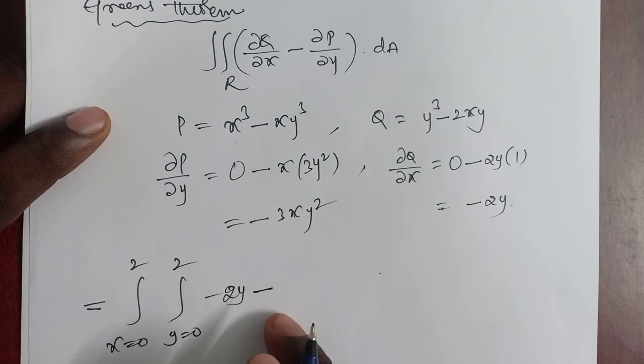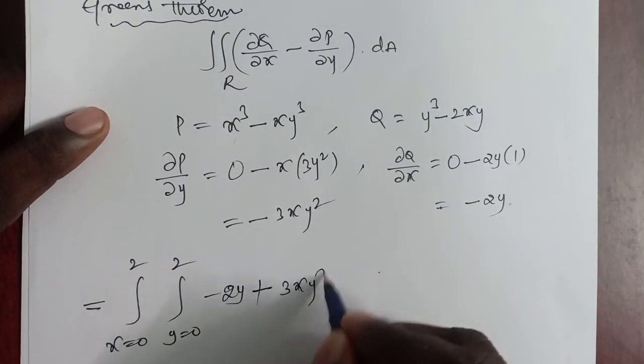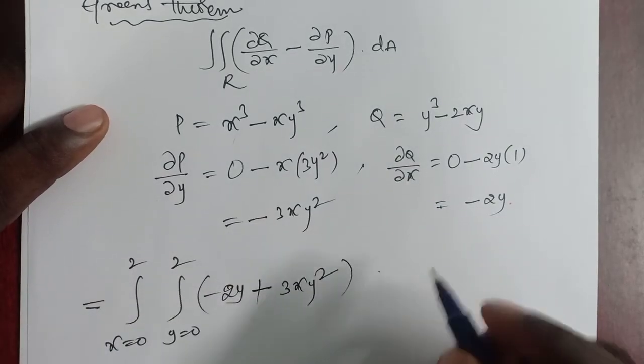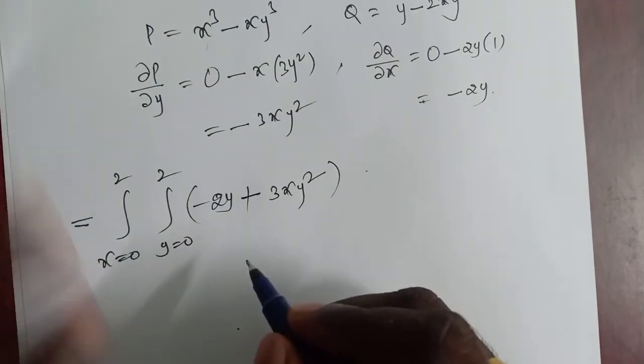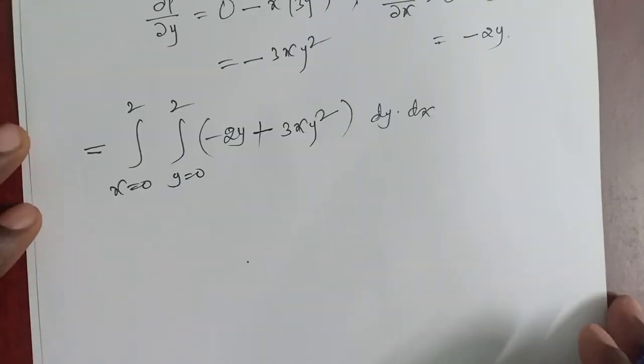So minus of dou p by dou y is plus 3x y square. Why? Because minus of minus is plus. We need to integrate with respect to y first, so dy into dx.